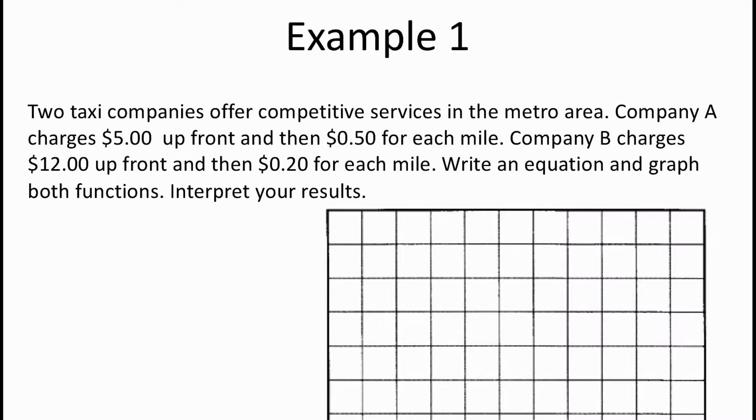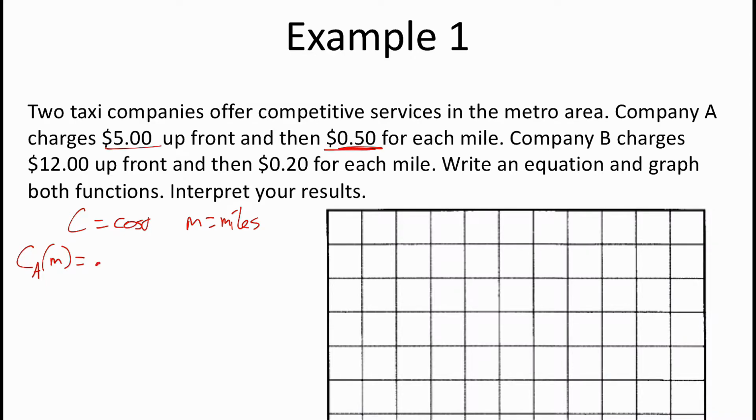So let's start off with some notation here. We're going to say cost is our C, and then M will be for miles. Now we're going to have two different companies, so if we're doing proper notation, cost is a function of M for company A. Looking at their information, it's $5 up front and 50 cents per mile.